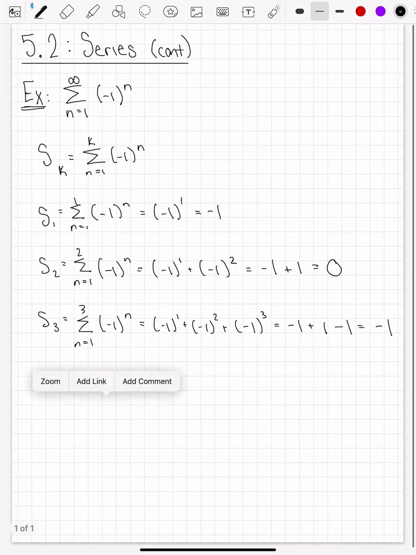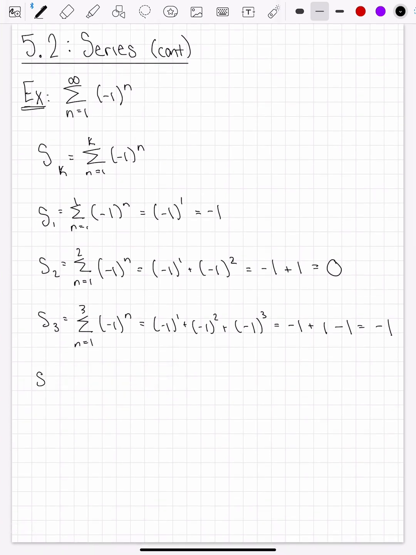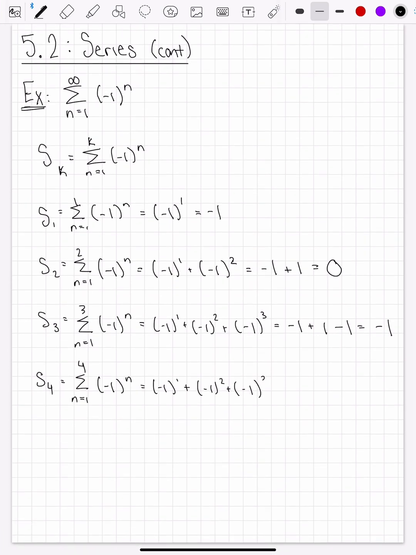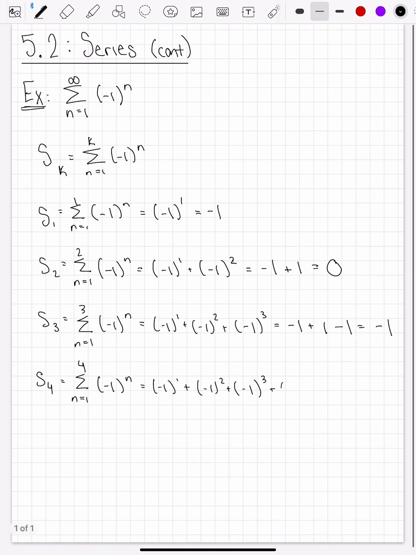And then if we do S4, we get the sum from 1 to 4 of negative 1 to the n. So we have the first 4 terms. We plug in n equals 1, n equals 2, and finally n equals 4. So it's negative 1 plus 1 minus 1 plus 1, so we end up at 0.